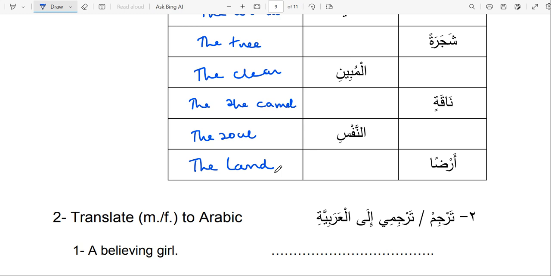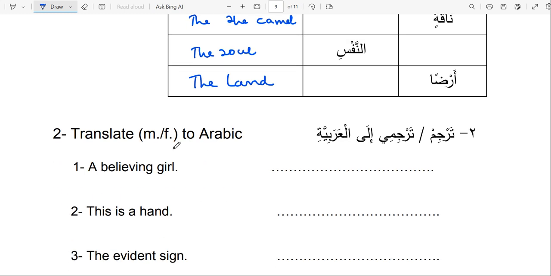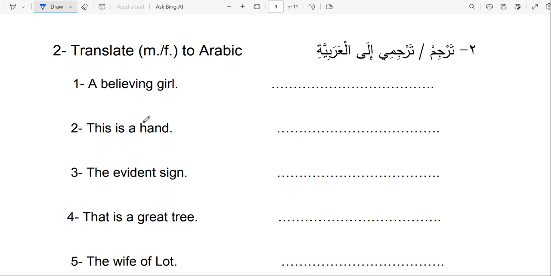I know this will be difficult, but I will do this here. Tarjim or tarjimi, as this is a command for male, this is a command for female. Ilal Arabiya means translate this to Arabic, and try to follow the Arabic questions, not the English ones. Believing.